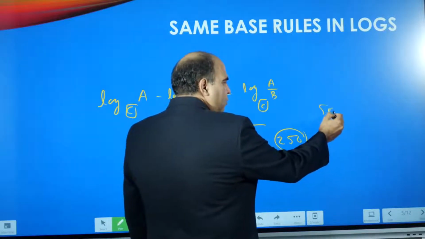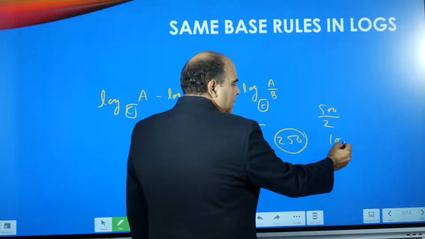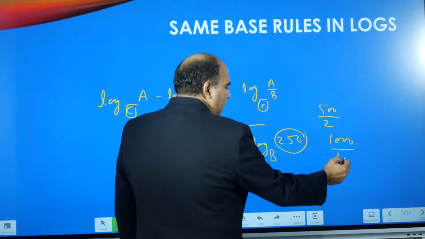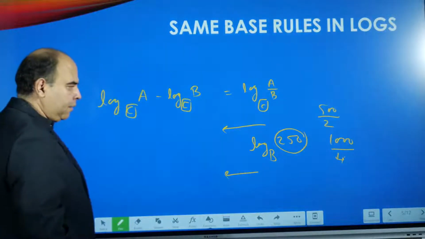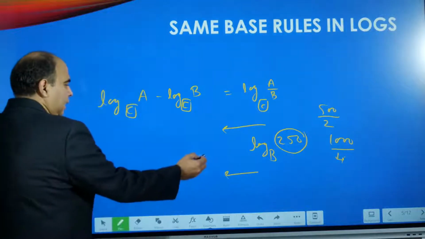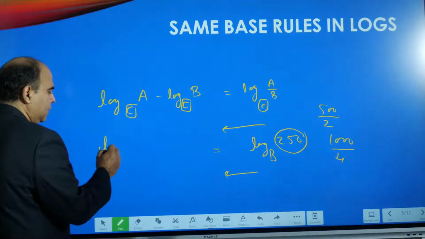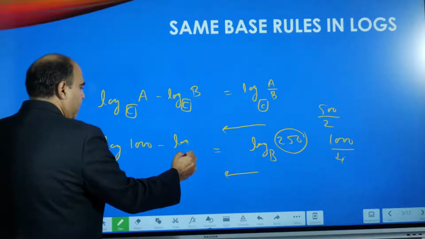You can visualize 250 as 500 by 2, or if the base is 10, you might want to visualize it as 1000 by 4. So if I visualize 250 as 1000 by 4, I can come back to this side, writing this as log 1000 minus log 4.